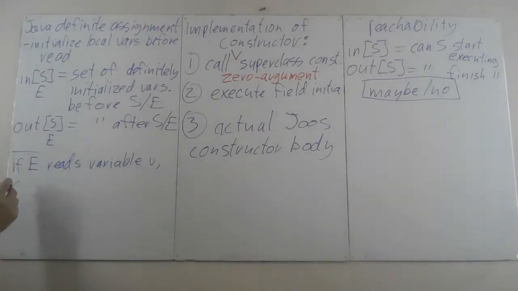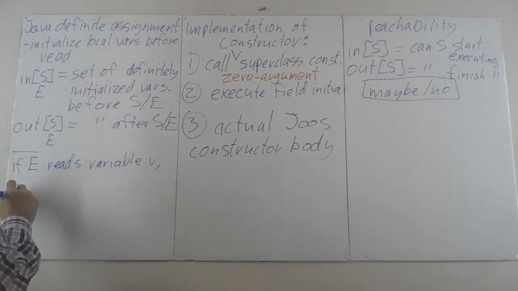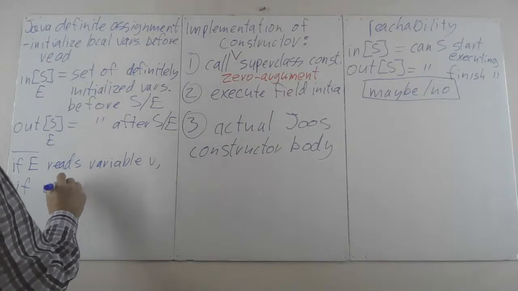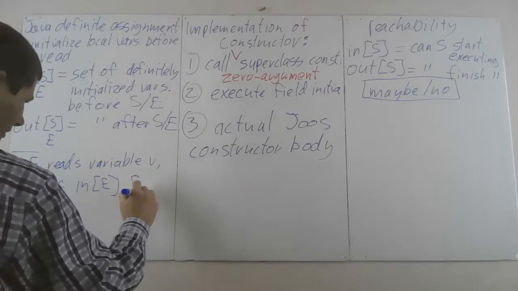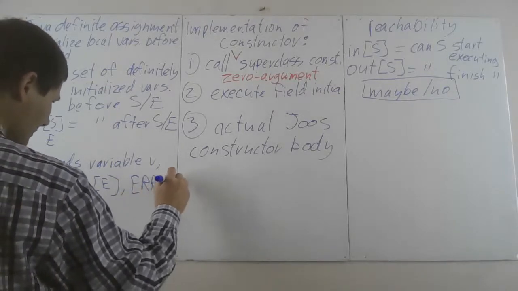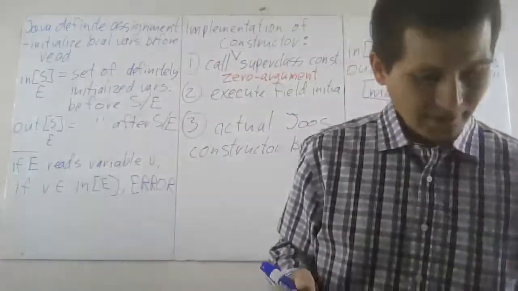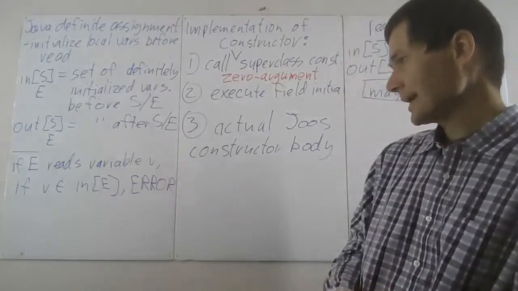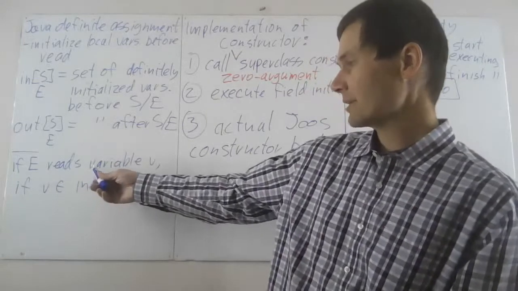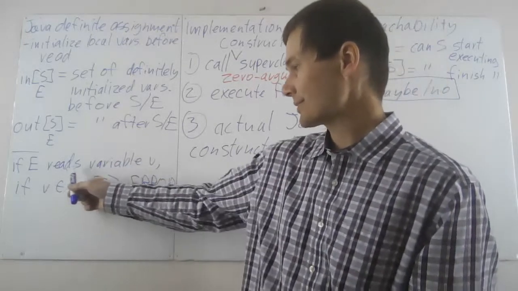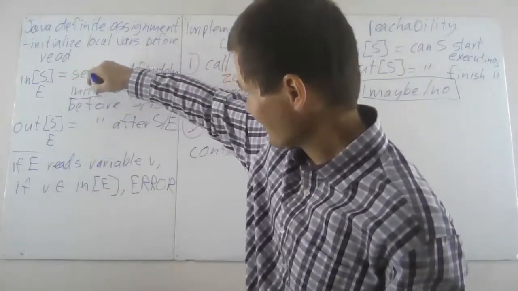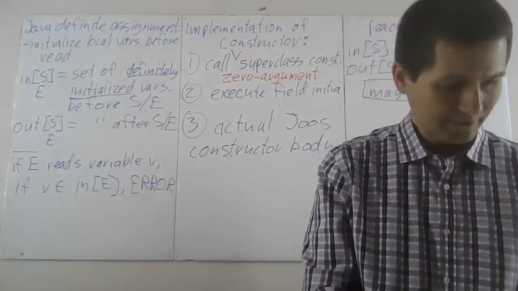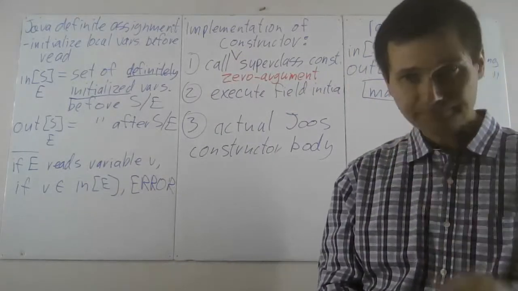So if E is a read expression that reads variable V, then if V is not in in of E, then I give a compile time error, right? So the analysis has to be able to prove that, by the time you read a variable, it is in the in set of E, so it has been definitely initialized right before I try to read it. So this is how the analysis is going to work.